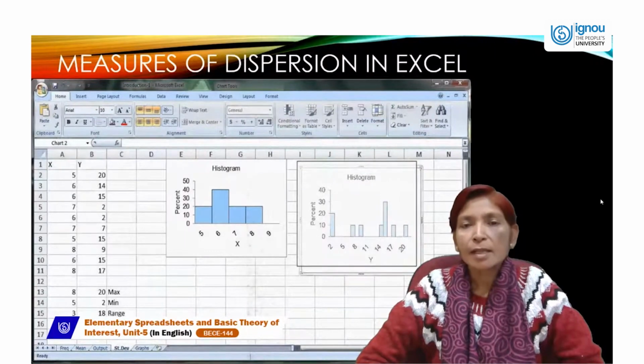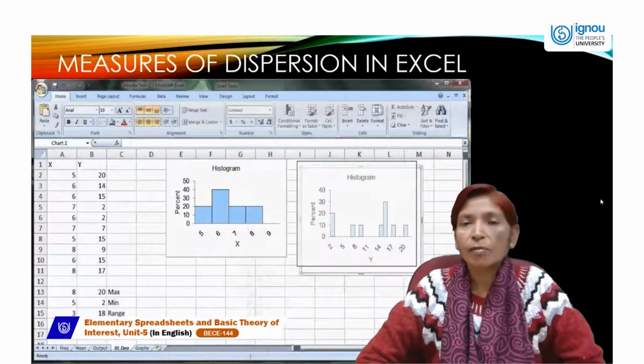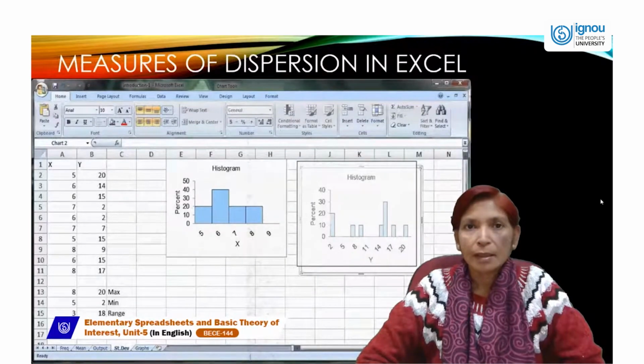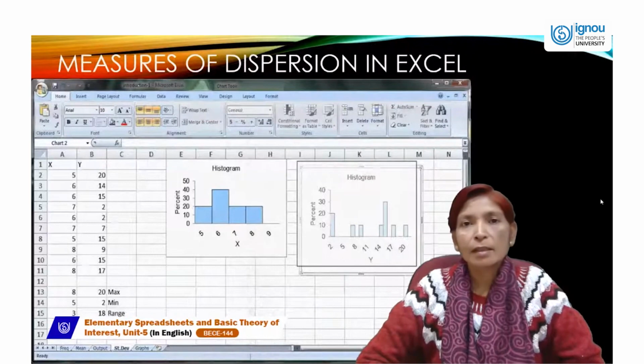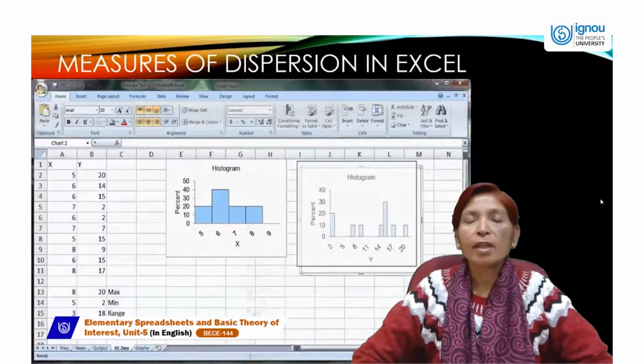If data has less variability, then it will be more consistent and more reliable. So variance tells us about the variability of data, which further tells us the reliability or consistency of the given data.